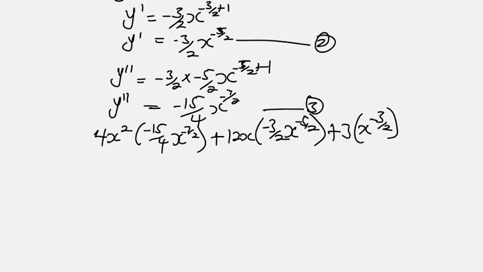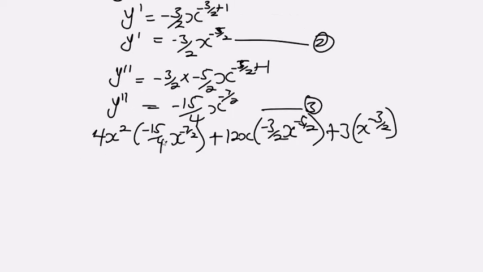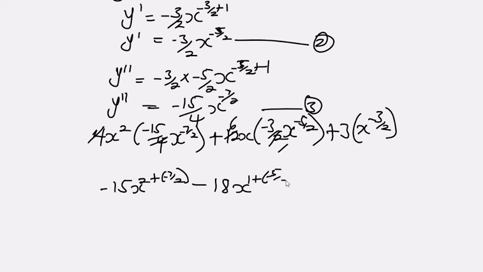So now let's further simplify this. So 4 will cancel 4 here, so we're going to have negative 15 x exponent 2 plus negative 7 on 2 using the laws of indices, and here 2 is going to divide 12 and we're going to have 6. So 6 times negative 3 gives us negative 18 x exponent 1 plus, using the laws of indices, negative 5 on 2, plus 3 x exponent negative 3 on 2.